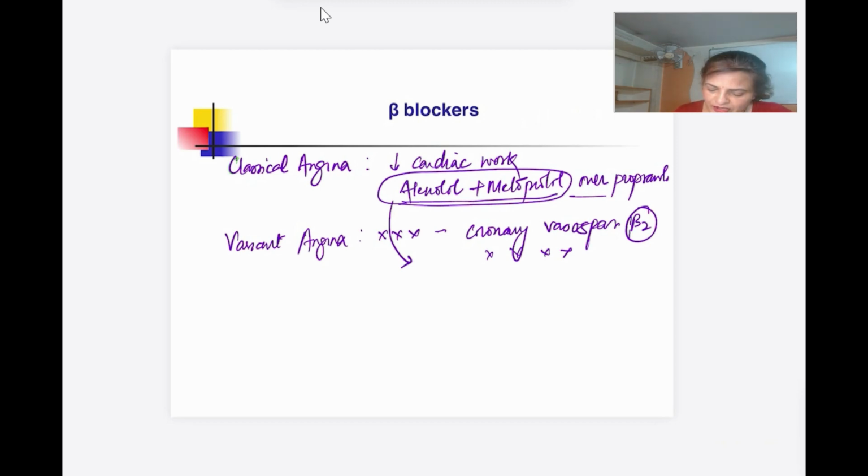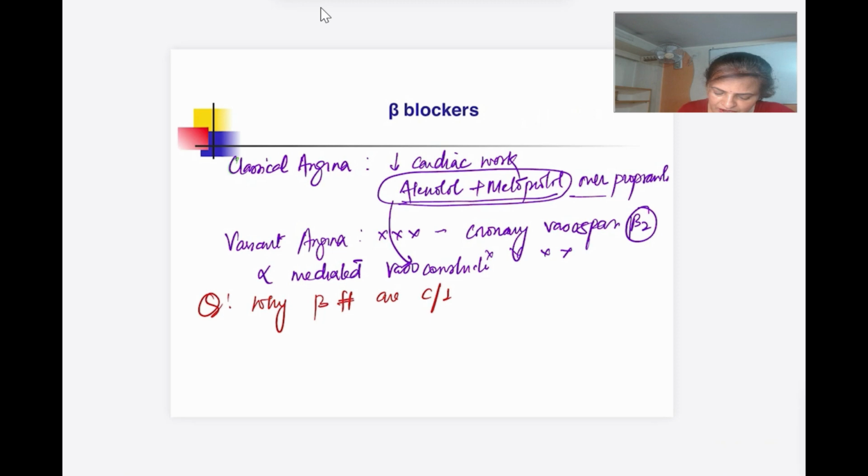So this group of drug is contraindicated. If we use a non-selective one, because of the blockade there will be alpha mediated vasoconstriction.